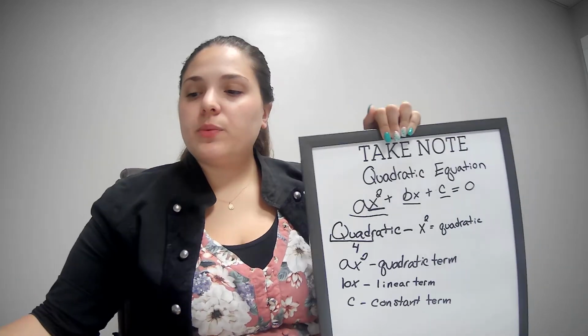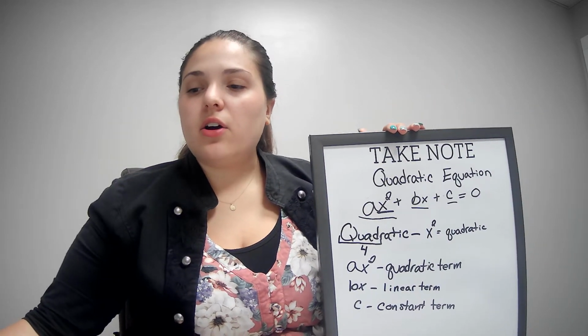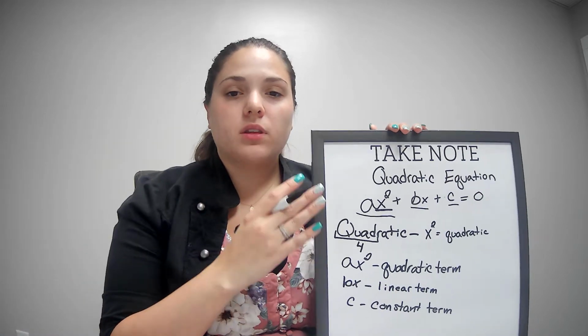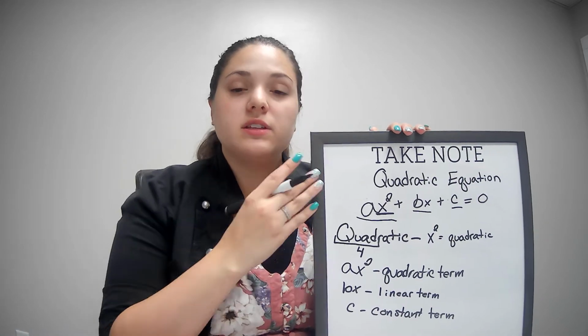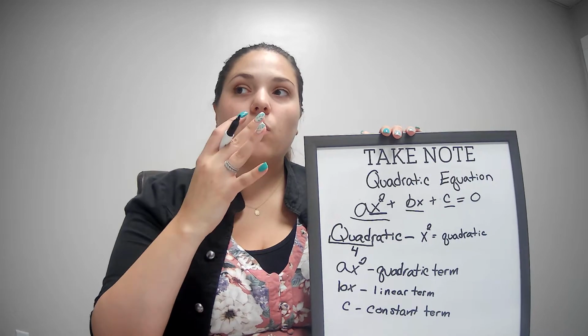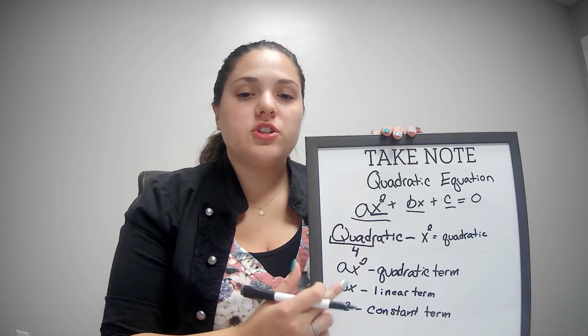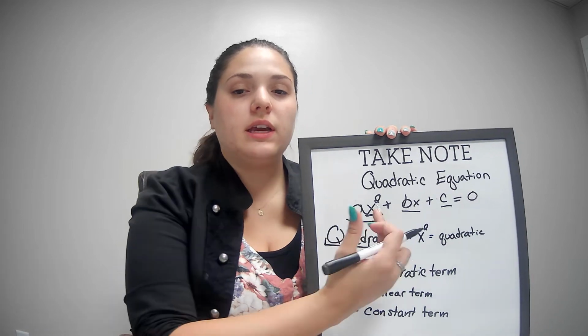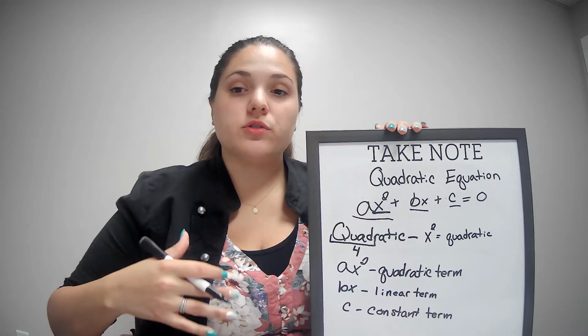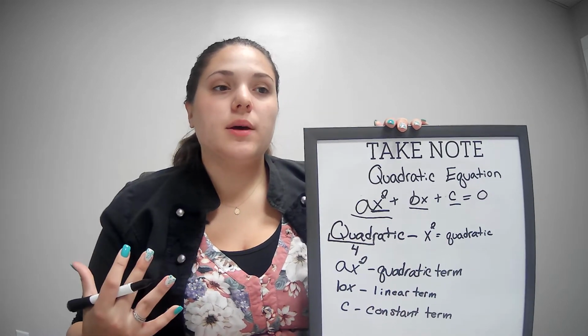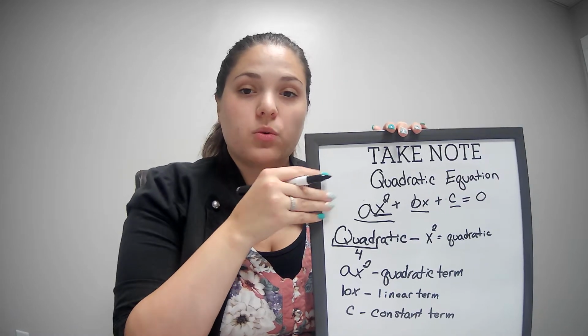So we need to make sure that we have these notes in our math notebook, and this is going to tell us what these terms mean, what quadratic means, what each of these determine in our quadratic equation when we go to future lessons, when we go to graphing this quadratic equation.